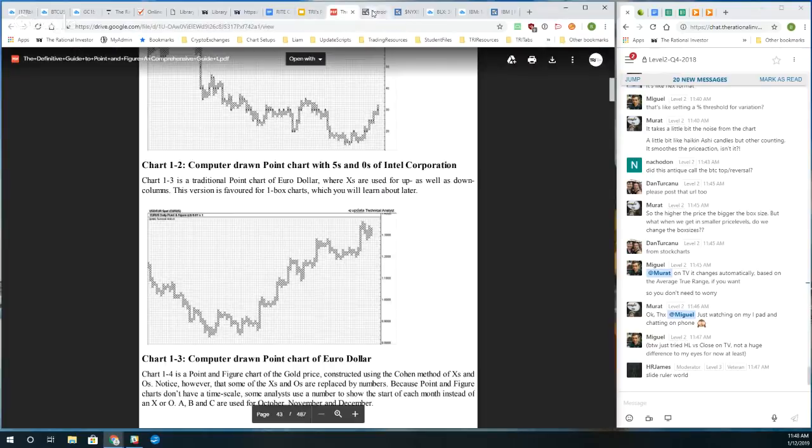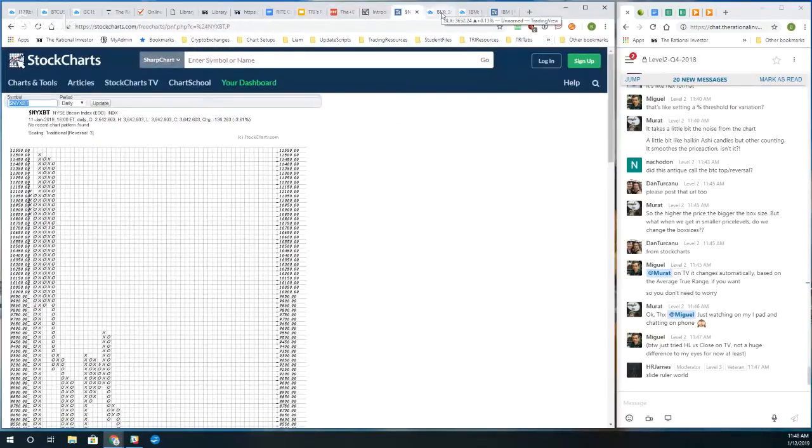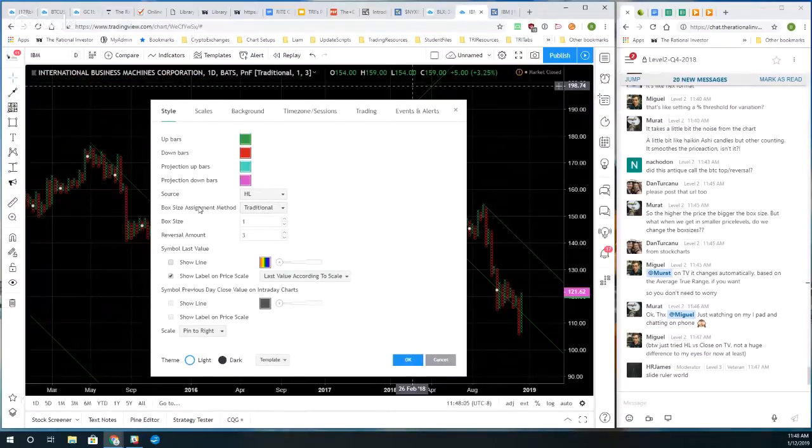And when you go on your TradingView setup, when you select traditional, it's going to ask you, okay, Mr. Smarty Pants, what do you want to set your box size to? In this particular case, I've just set it to $1, just to keep it simple for this illustration.